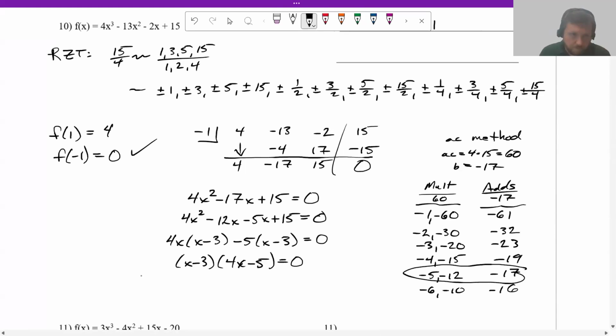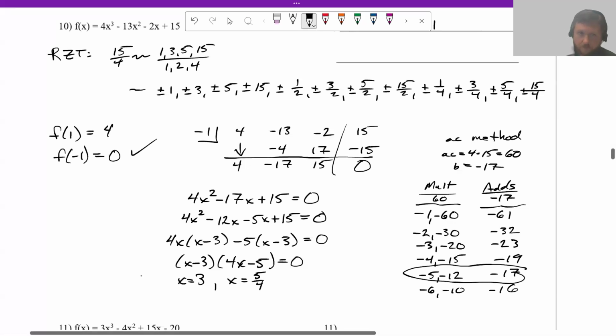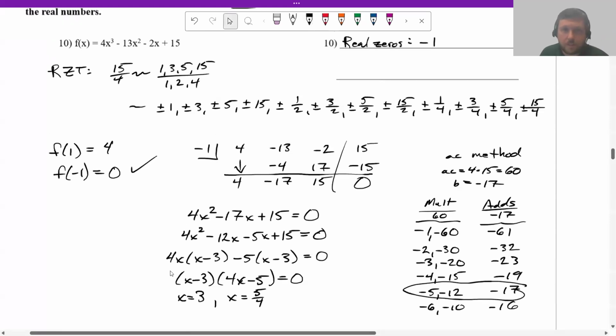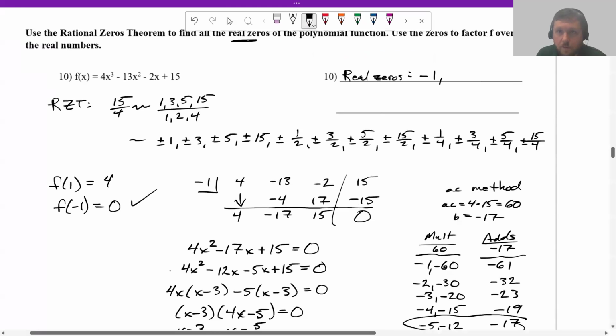So then by the zero product property, I have x equals 3, and then x equals 5/4. Yeah. So there's the rest of my zeros. So it's 3 and 5/4.